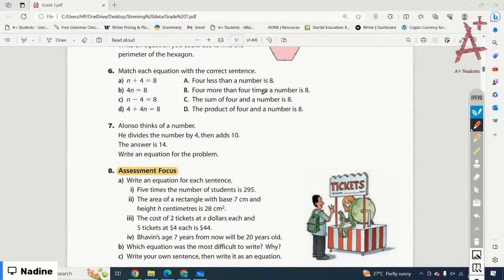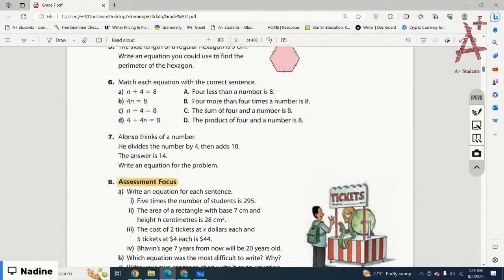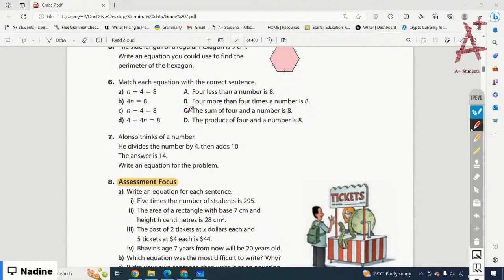No, 4 more than, you just have n plus 4. The sum of 4 and a number is 8, right? Option C is the correct sentence for A. The sum of 4 and a number is 8. That is option A with sentence C, right?